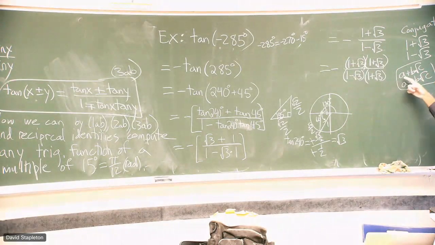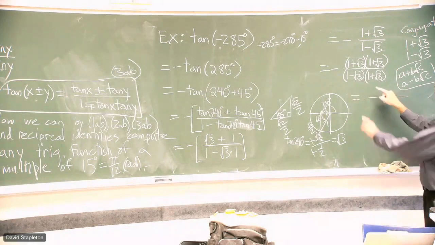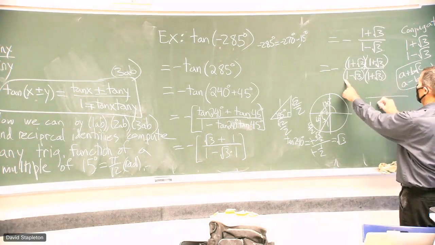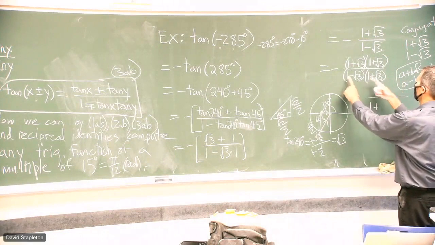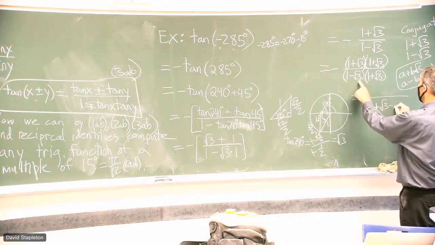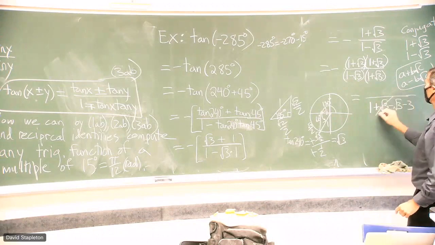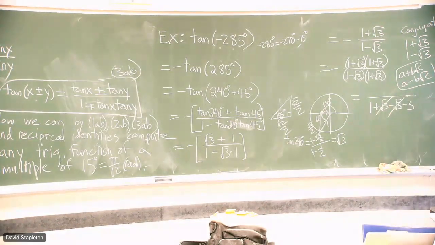Any number of the form a plus b square root c multiplied by its conjugate, the square roots cancel. Can you see it already? If you FOIL here on the bottom, 1 times 1 is 1, first. Outside, plus square root 3. Inside, minus square root 3. Minus square root 3 times minus square root 3 is minus 3. Right? And the square roots cancel. It always works with conjugates.